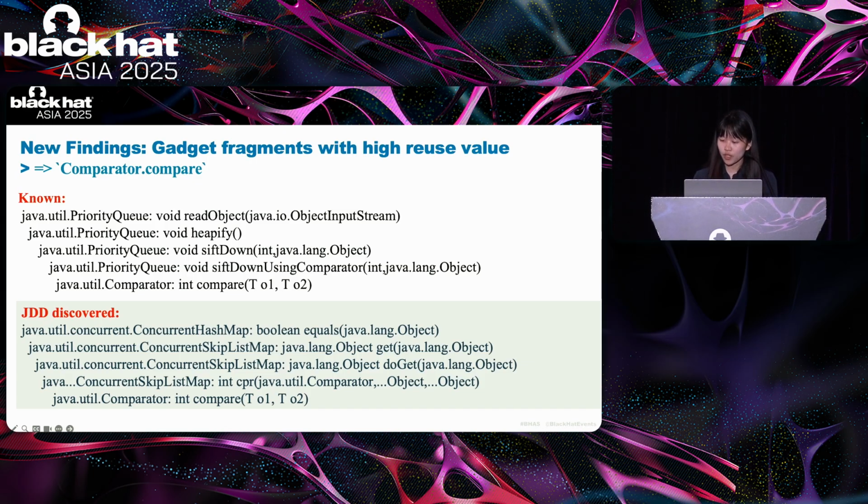For instance, we have found alternative fragments that can replace the second fragment from the deserialization entry point to the comparator compare. Replacing this fragment not only bypasses certain application-level blacklists, but also extends the range of exploitation protocols from the JDK to such as Hessian.